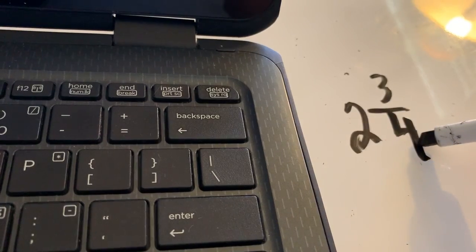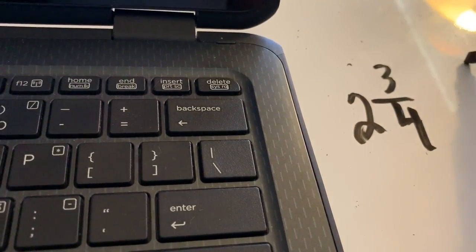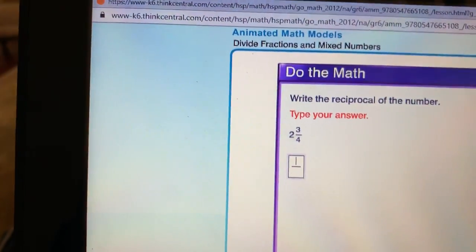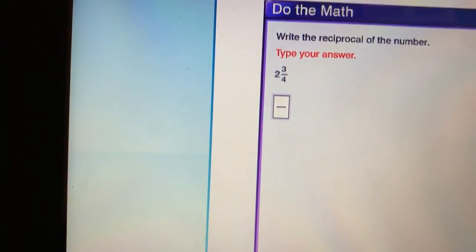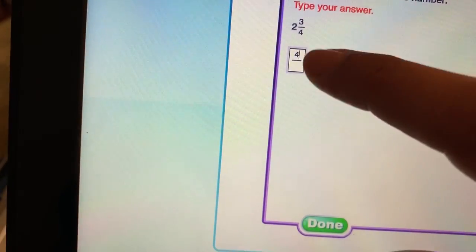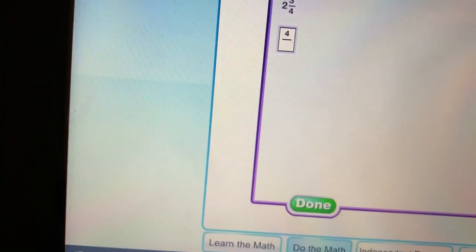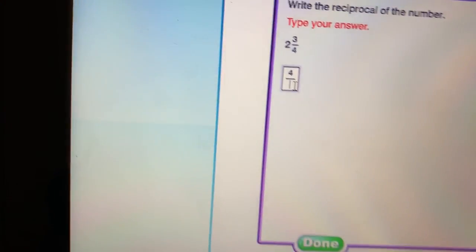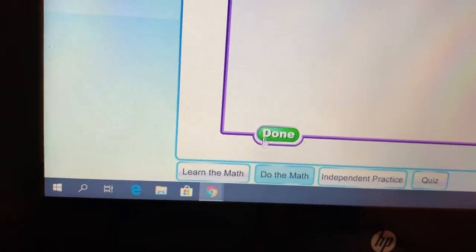So 2 times 4 is 8, and 3 is 11/4. The reciprocal of it is going to be 4 over 11. So you got to take your number and flip it.